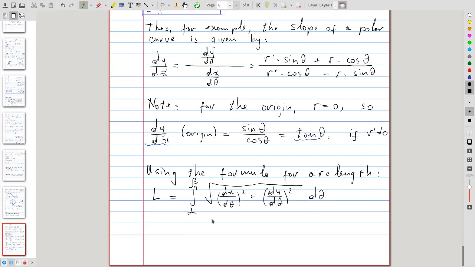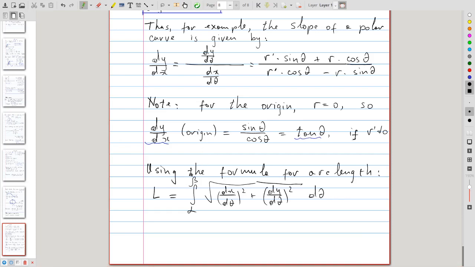So this is the general expression for the arc length of a parametric curve that we derived previously.